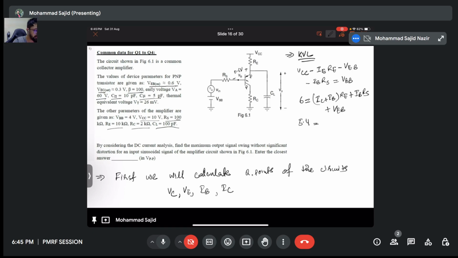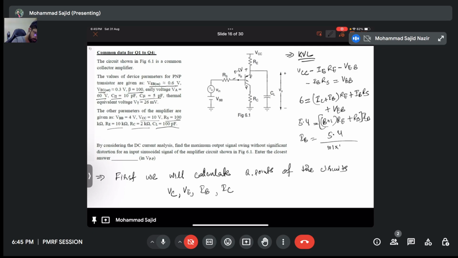is equivalent to, IC is beta times IB, so it will be beta plus 1 times RE plus RS, whole multiplied by IB. So I can write IB as 5.4 divided by beta plus 1 times RE plus RS, where beta is 100, so it will be 101 multiplied by RE.